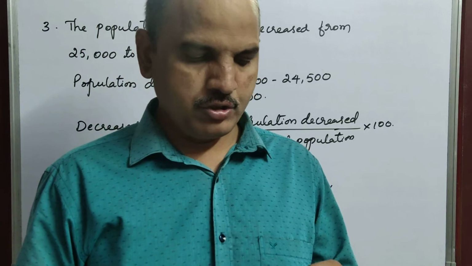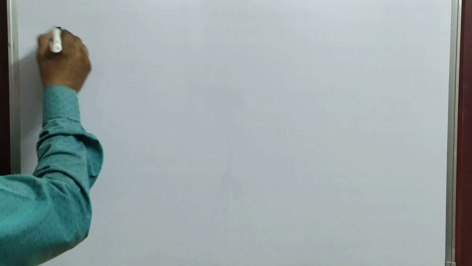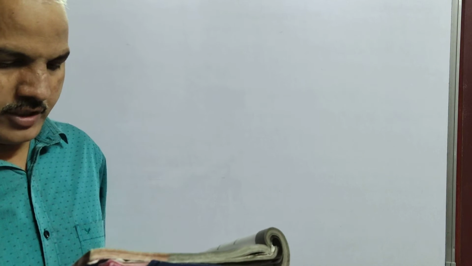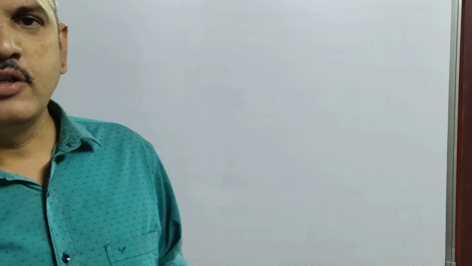Okay. Now I am going to tell you the fifth question. See the next question, children. That is the fifth question. Here, I buy a TV for 10,000 rupees and sell it at a profit of 20%. He did not give whether CP or profit, they gave the profit percentage directly.